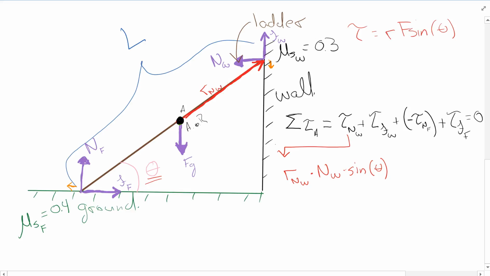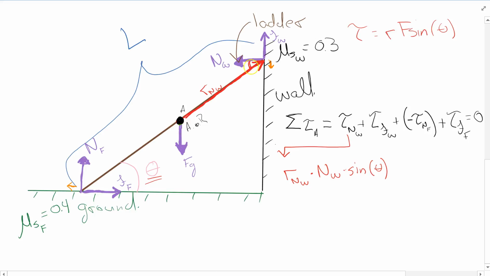What's going to be my angle between the two? Well, here is my force NW, my force normal from the wall. Here is my axis of rotation, my lever arm, right? And the angle will be right here. Now, the nice thing about this angle is that this force normal is parallel with the ground, and this line is a bisector.